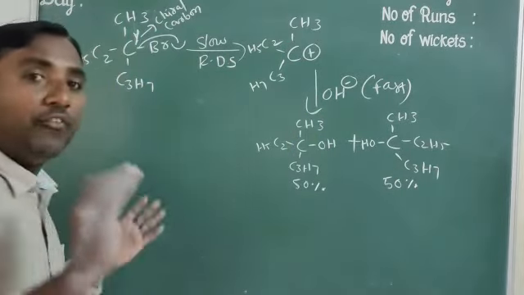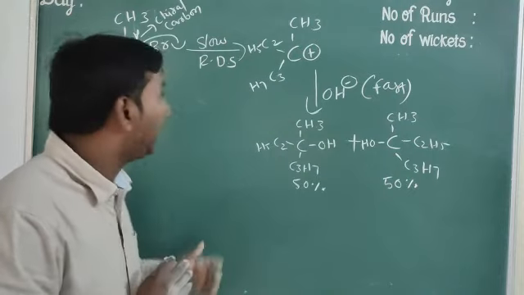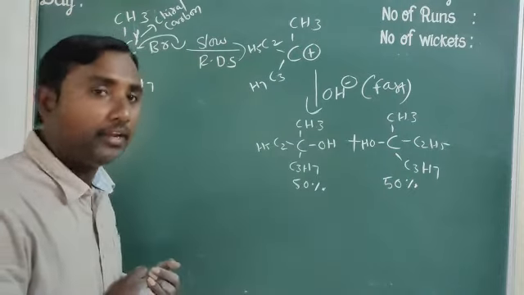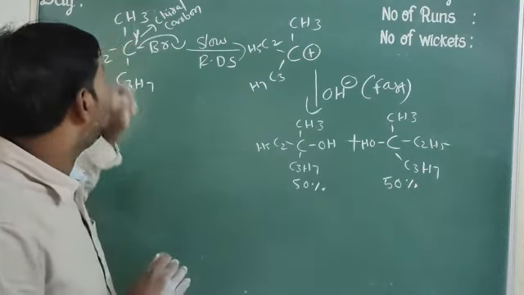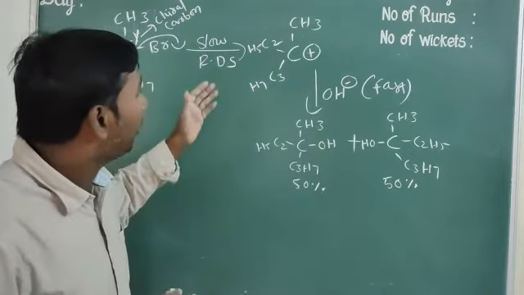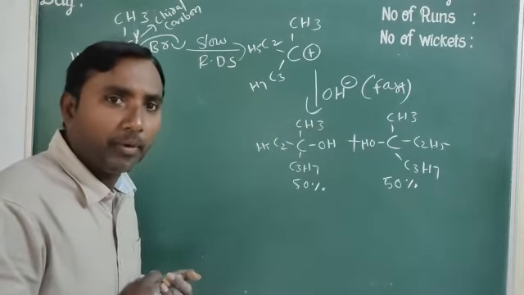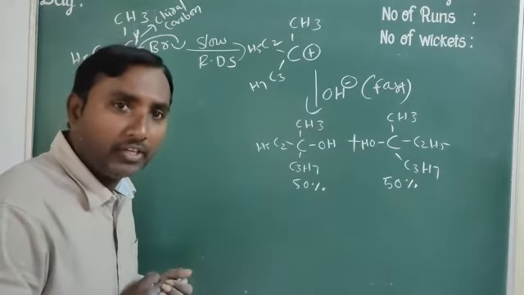Okay, when the chiral carbon, we have to select it as a tertiary haloalkane. Generally in the SN1 reaction there is 50% 50% product formation.